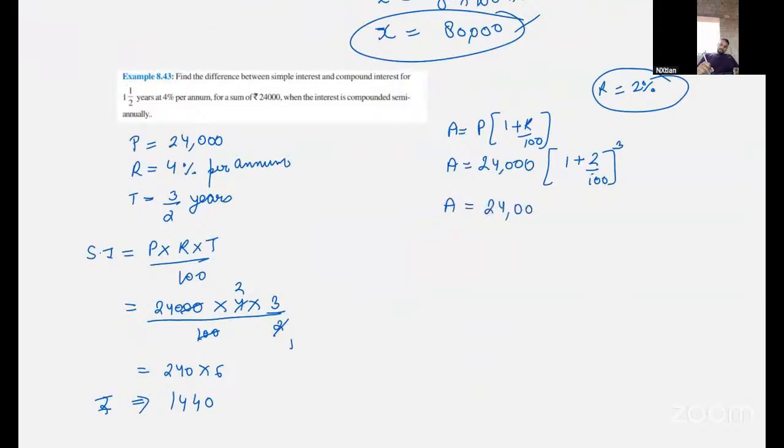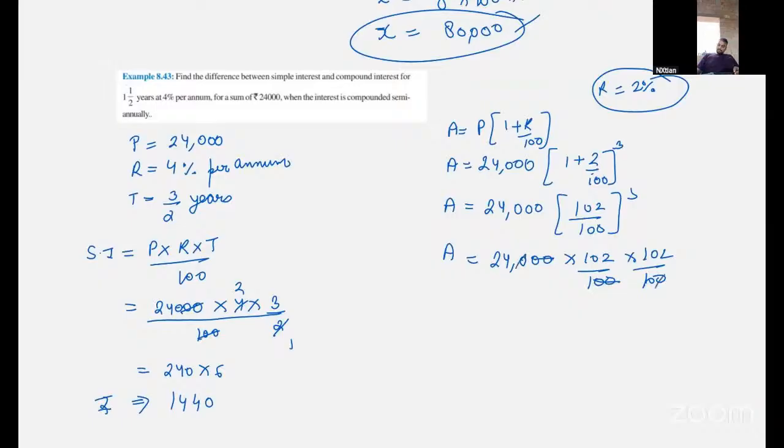So A will be 24,000 into 102 upon 100 to the power of 3. So amount is equal to 24,000 into 102 upon 100 into 102 upon 100. This 20 and this 20 will cut. Rest 10 and this 10 will cut. So we got 24 into 102 into 102 upon 10.